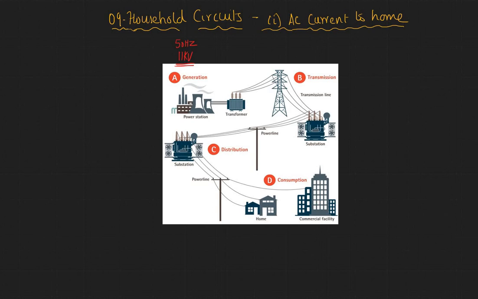So let's say this is a 110 megawatt generator. Your current would be power divided by the voltage. That's about 11 kilovolt, and that will be about 10 power 4 amperes. That's a lot of current that's getting generated here.